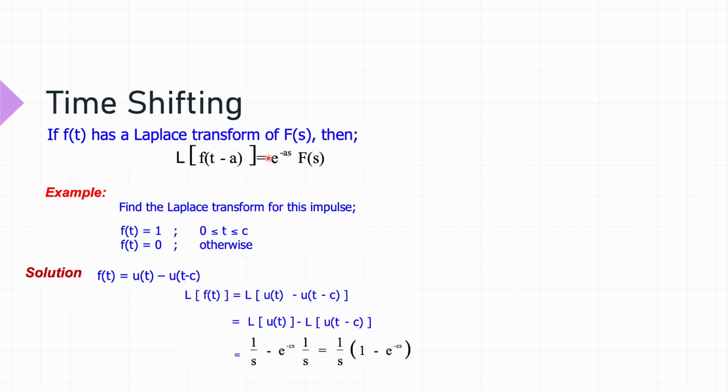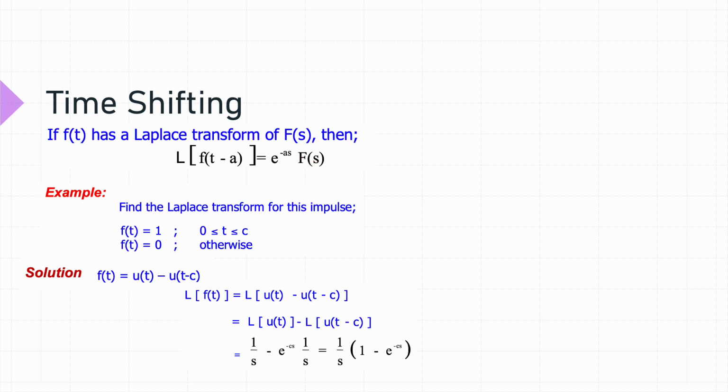So in S domain, how is it going to be rewritten? Since the time is shifted by a, it is going to be exponential negative a s, times F(s), right?